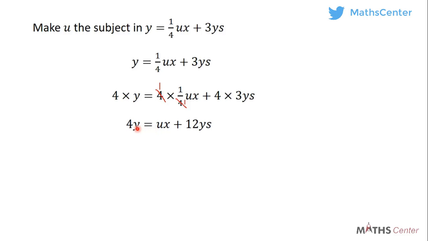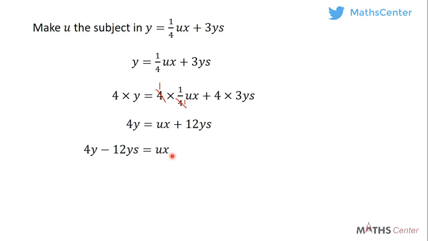Now I have 4y here. 12yx does not contain u, so I will take it from this side and bring it here. It's positive here, so when it comes to the left hand side, it becomes negative. So I'll have 4y minus 12yx is equal to ux.